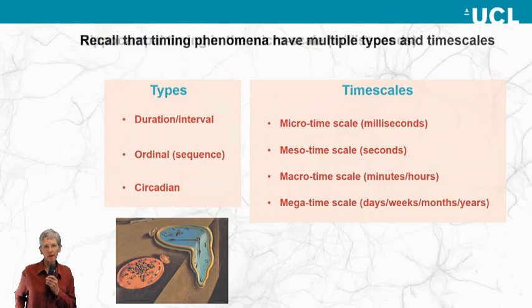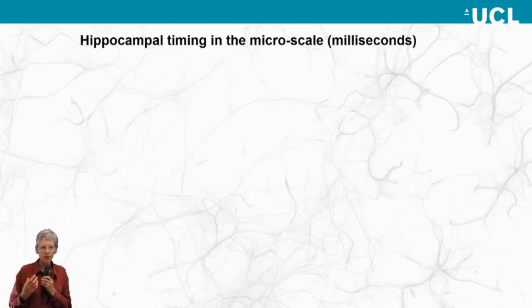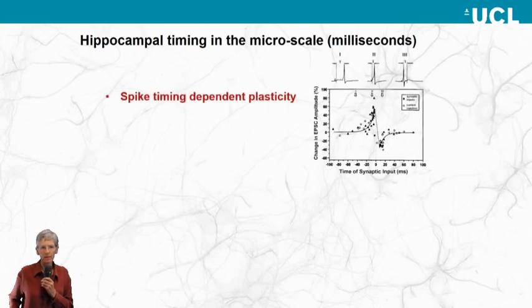And so when we look in the hippocampus, we see phenomena at each of these different scales. For example, we've met millisecond scale timing in two scenarios in the hippocampus. One is spike timing dependent plasticity.